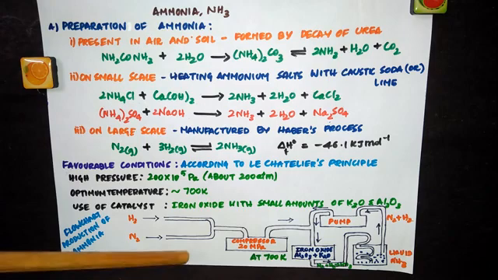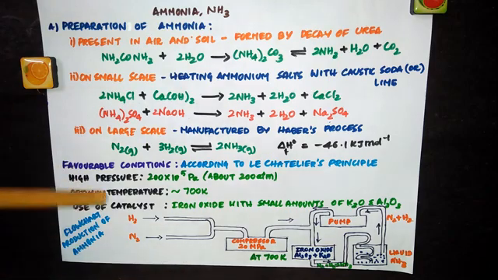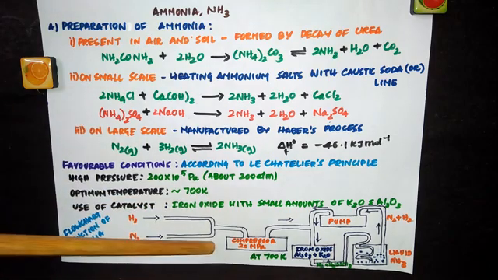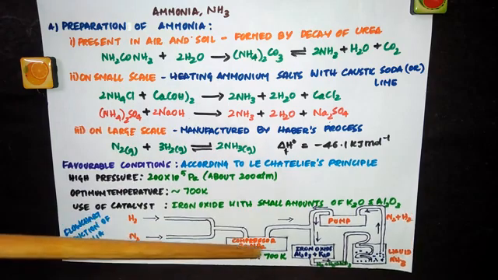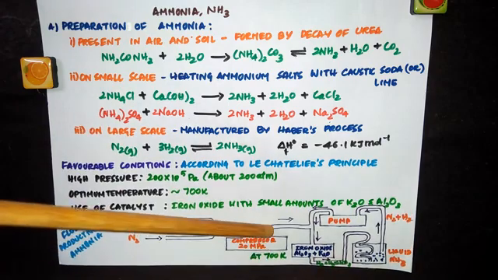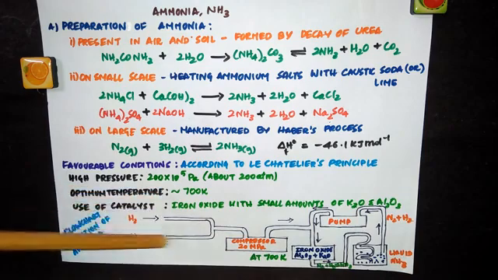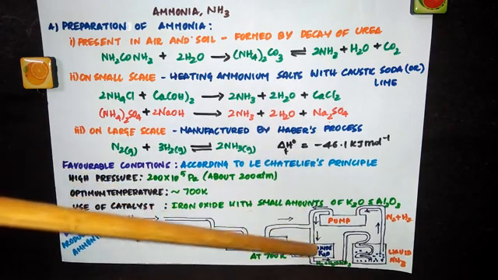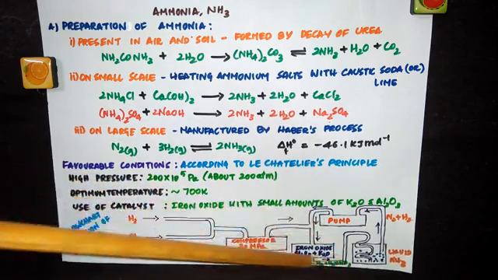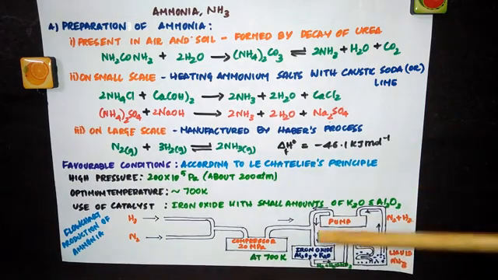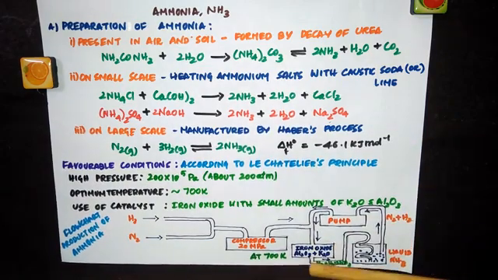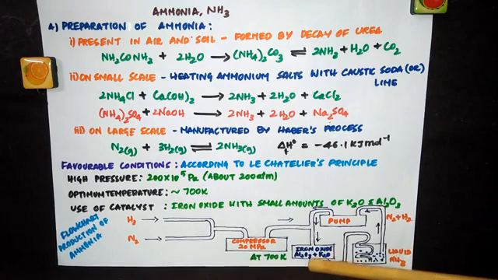And this is the flow chart for the production of ammonia. See, you're sending hydrogen and nitrogen gas here, and this is the compressor where you give this pressure, and the hydrogen and nitrogen gas will pass through this. Here we have the catalyst, iron oxide, Al2O3 and K2O, and when it passes through this pipe, what happens?